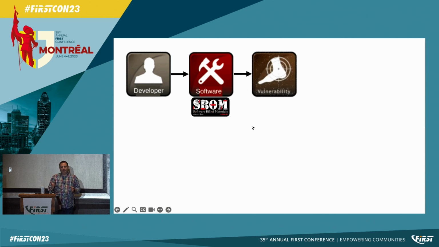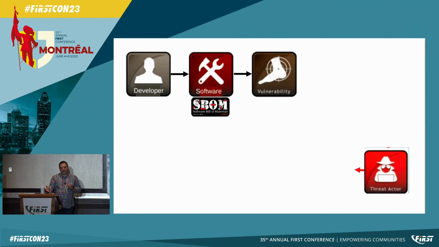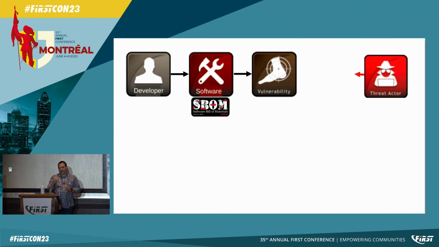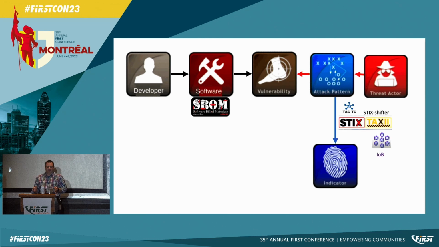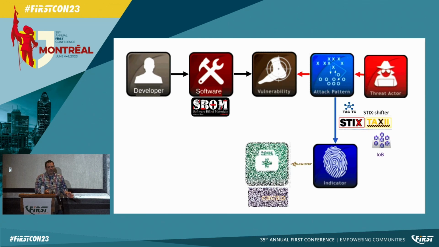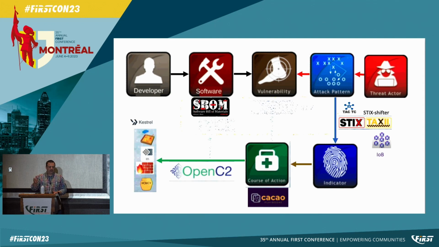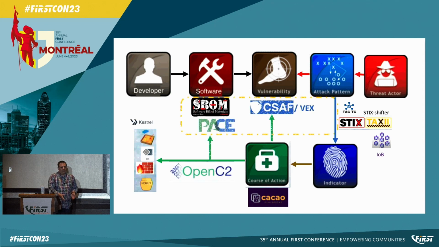I could use STIX and TAXII to share the threat intelligence that has the indicator in it that's tied to that attack pattern. And then I can have that threat intelligence tied to a CACAO playbook, which tells me what I should do when I see that certain threat. And using OpenC2, that playbook can actually automate the response on my endpoints.